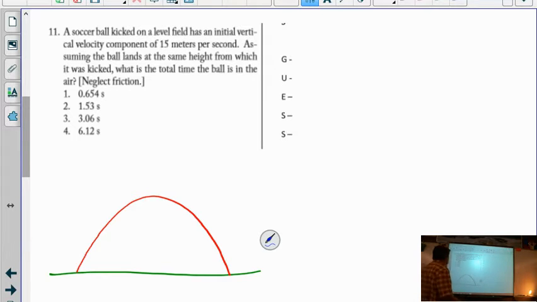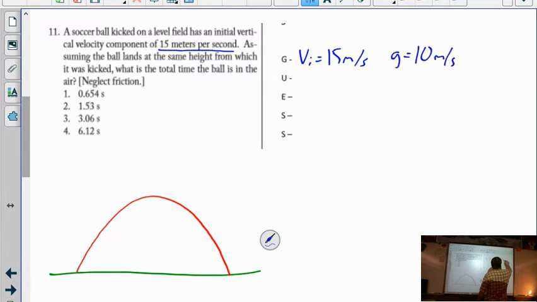Okay. And then, so what am I given from this? Well, I know that it was kicked at an initial velocity of 15 meters per second. So VI equals 15 meters per second. I know that G, it's going to be under the influence of gravity, is 10 meters per second squared. And then I know when it's here, so there's a couple ways I can approach this one.